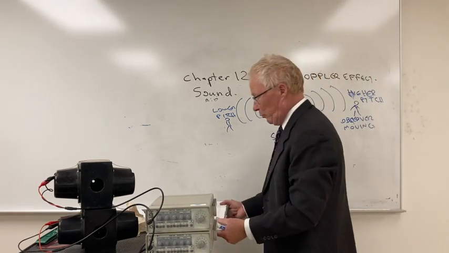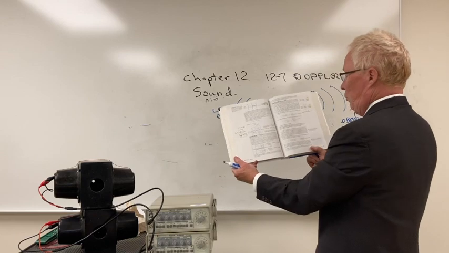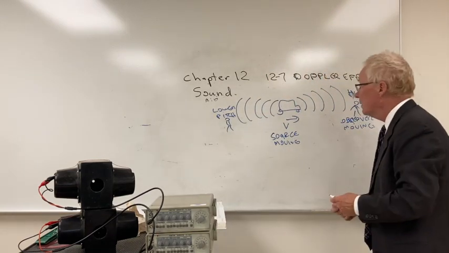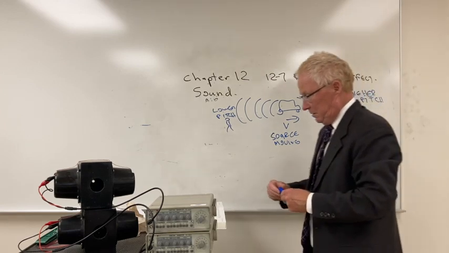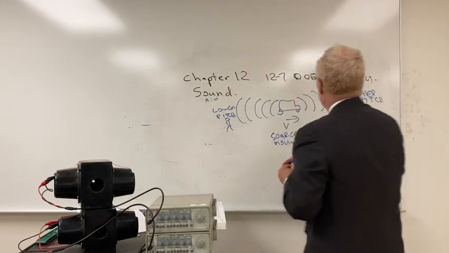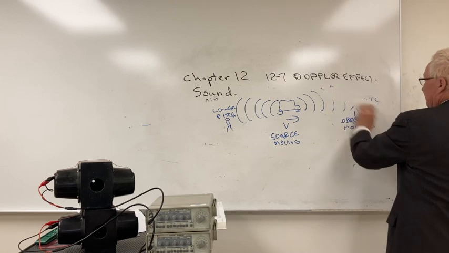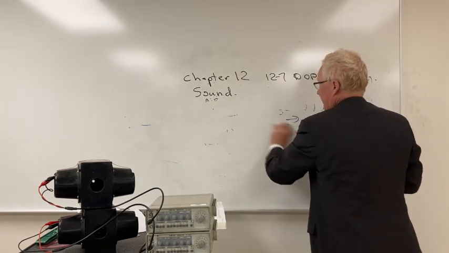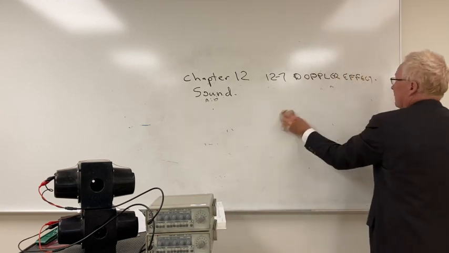The expressions are in section 12.7, and I'm going to give them to you now. So I'll erase this. Now first of all, it's not going to be a huge change.